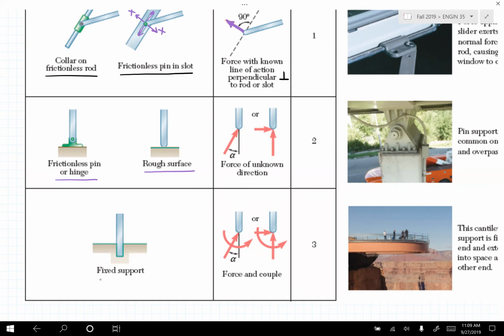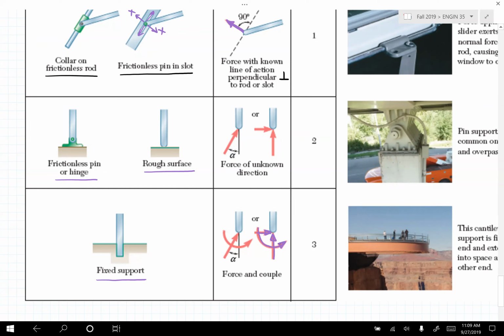The last type of connection we're going to have in 2D is a fixed support. And our fixed support is going to have that X and Y force. So we have a force in the X direction, we have a force in the Y direction, but we will also have a moment or couple.